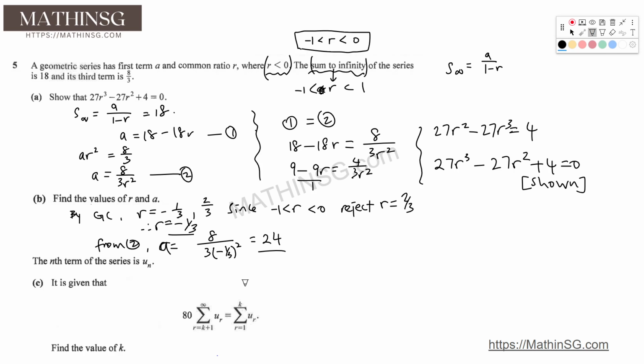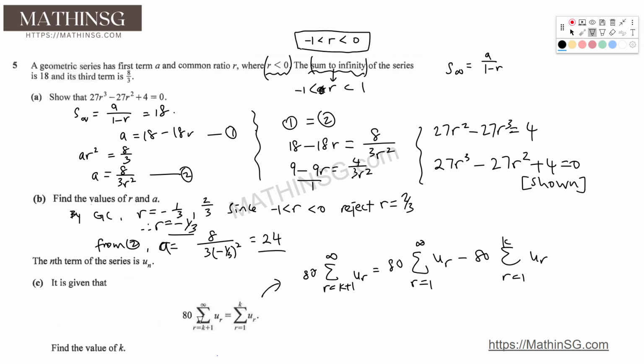So what do we know from here? Well, we can rewrite this as 80 times the sum from r equals k plus 1 to infinity of U_r, which is equal to 80 times the sum from r equals 1 to infinity of U_r, minus 80 times the sum from r equals 1 to k of U_r.